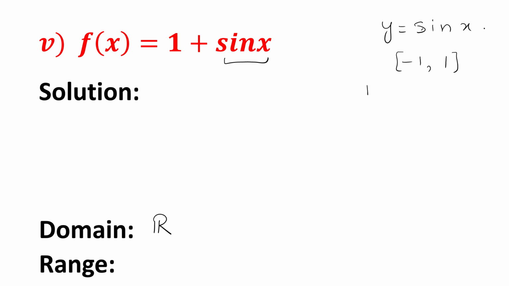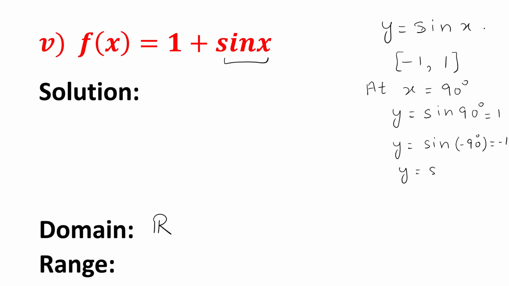For example, at x equals 90 degrees, y becomes sine 90 and the value for sine 90 is 1. When x is negative 90 degrees, y value is negative 1.